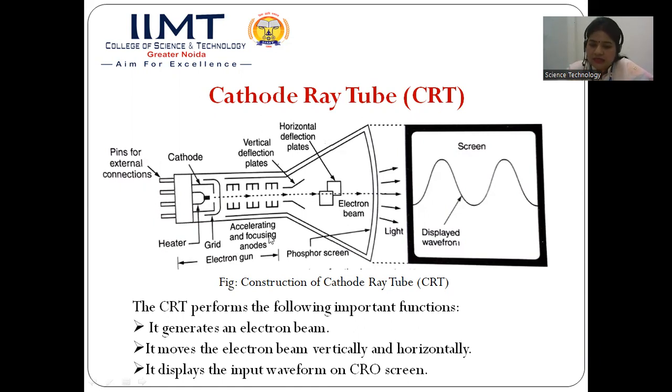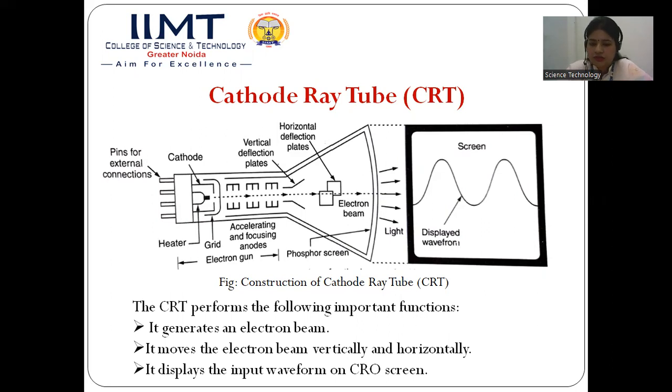Apart from the accelerating anode, we have the focusing anode also. The function of the focusing anodes is to control the sharpness of the electron beam. So by applying the potential across the focusing anode, we are basically controlling the preciseness, the sharpness of the electron beam.